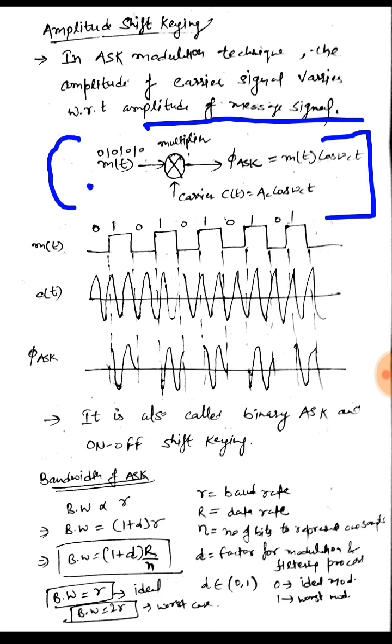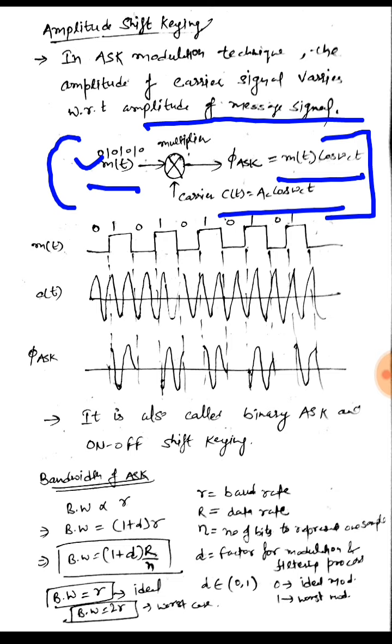If we have the message signal in the form of binary bits, that is 0 1 0 1, or any bit string, and our carrier is a cosine sinusoidal wave, then if we multiply both, we would get m(t) into cos omega_c t.